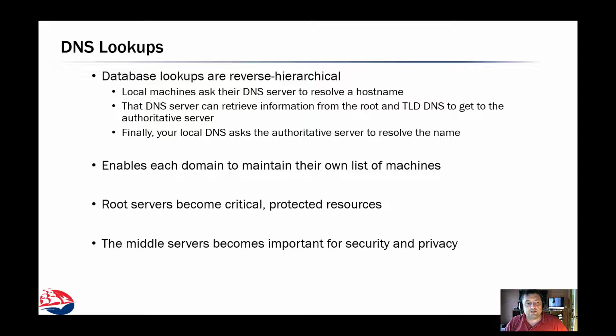What this does is it enables each domain to maintain its own list of machines. The caching offloads some of this, but we still see billions of requests per day.